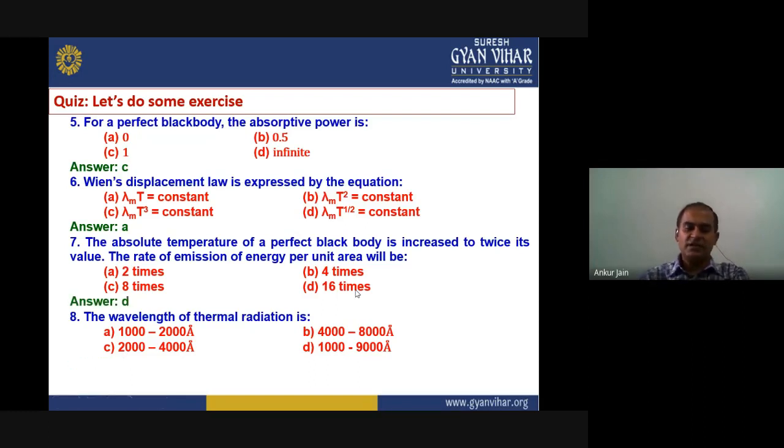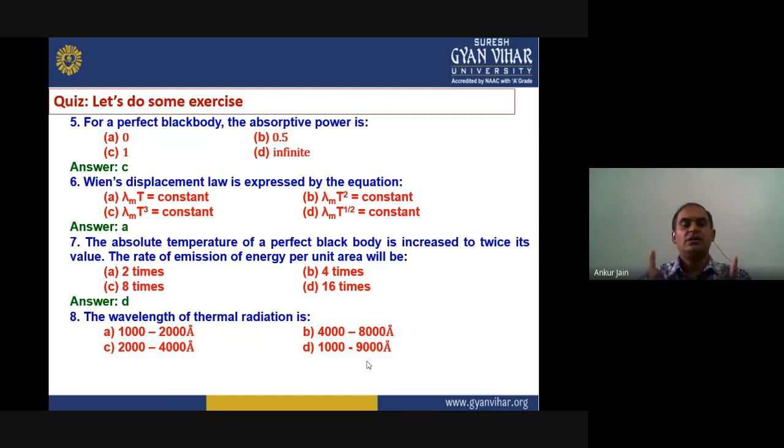The wavelength of thermal radiation is 1000 to 2000 angstrom, 4000 to 8000 angstrom, 2000 to 4000 angstrom, or 1000 to 9000 angstrom. The thermal radiation or electromagnetic spectrum covers a part of the ultraviolet spectrum, the complete visible spectrum, and the complete infrared region.